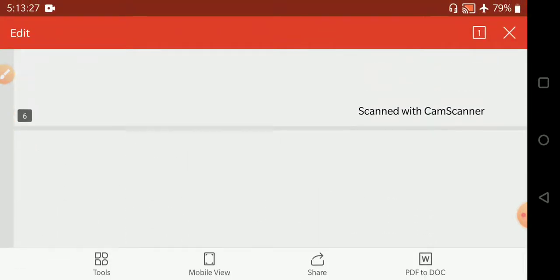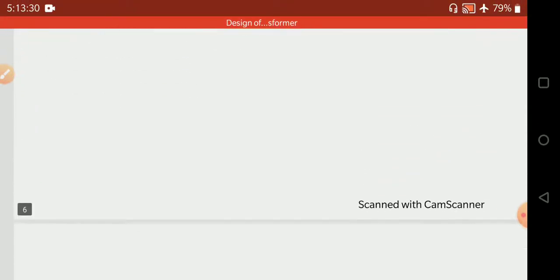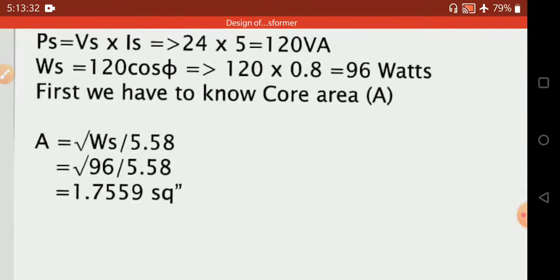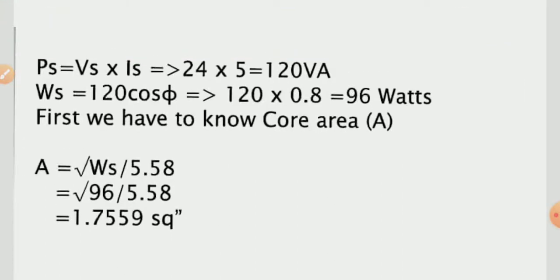When we represent the secondary watt, it is 120 cos phi. Here phi relates to the power factor, which we assume to be 0.8. So the secondary watt is 96 watt.